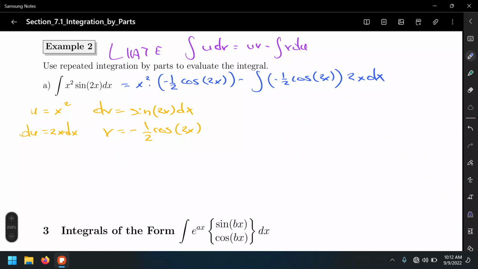Okay? Well, before attempting to keep simplifying this or to evaluate the second integral, let's clean up the parentheses and the negative signs so we have a clearer view of what we're going to do. So number one, I'm going to write this negative 1/2 in front of the x squared.